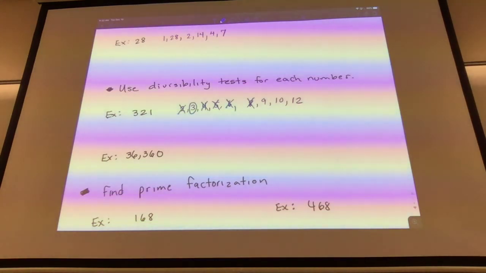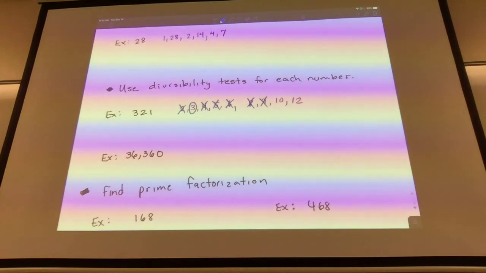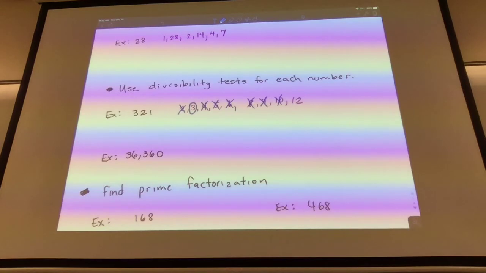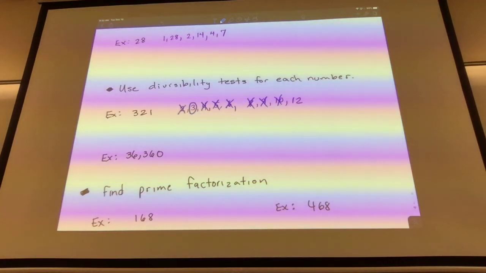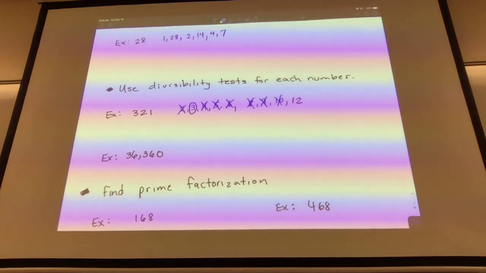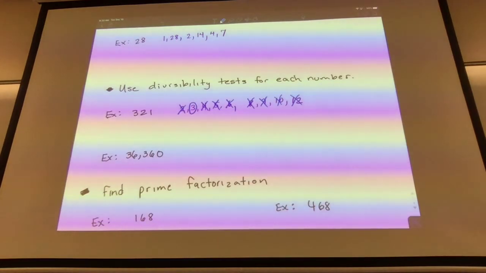Does 6 divide by 9? No, so not 9. 10 must end in a 0, not 10. And for 12, we have to have divisible by 3 and by 4. So did we circle 3 and 4? No. So the only thing that 321 is divisible by is 3. The only number.